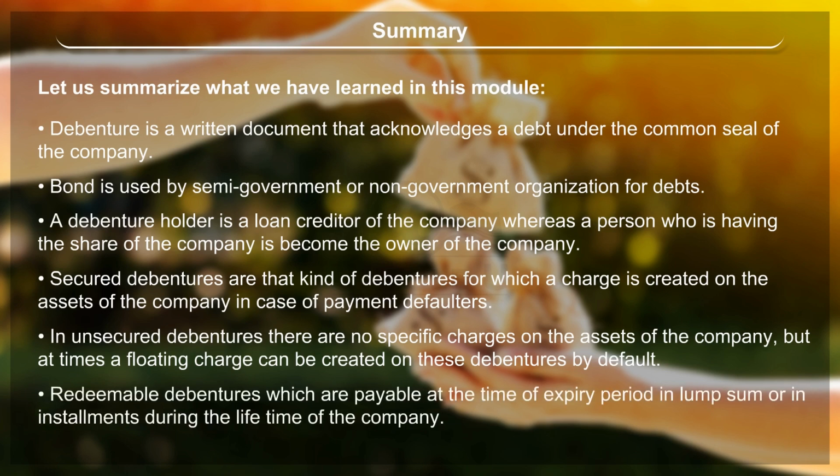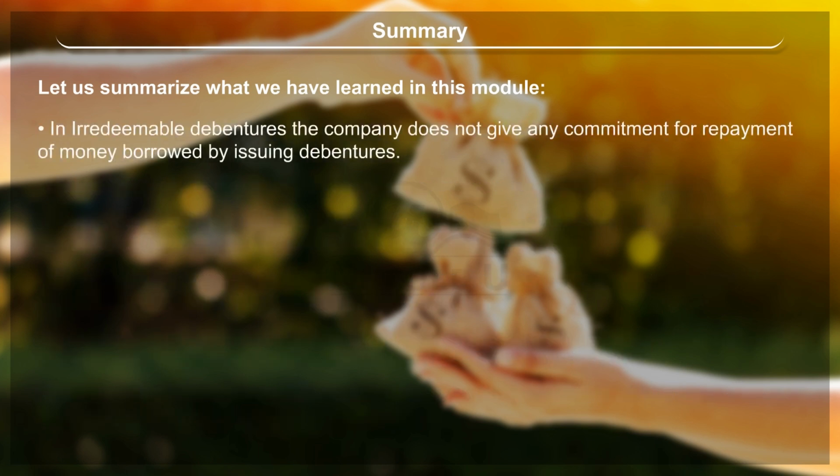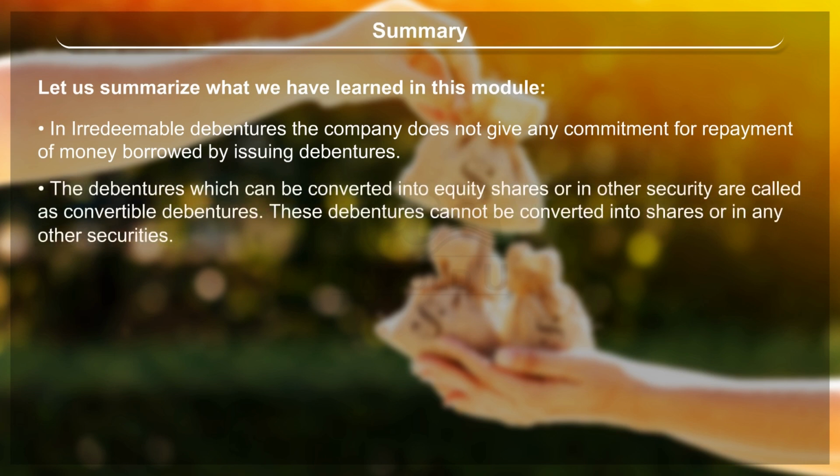Redeemable debentures are payable at the time of expiry period in lump sum or in installments during the lifetime of the company. In irredeemable debentures, the company does not give any commitment for repayment of money borrowed by issuing debentures. The debentures which can be converted into equity shares or into other security are called convertible debentures.